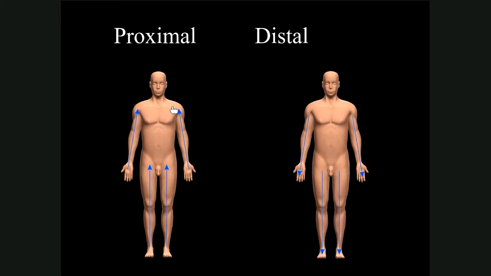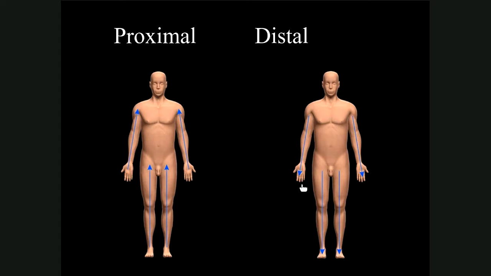Your arms are attached to your torso at the shoulder joint. Your legs are attached to your torso at the hip joint. So anything closer to the hip joint and the shoulder joint is considered proximal. Anything further away from them will be considered distal. Anything further away from your shoulder, anything further away from your hip is considered distal, distant.